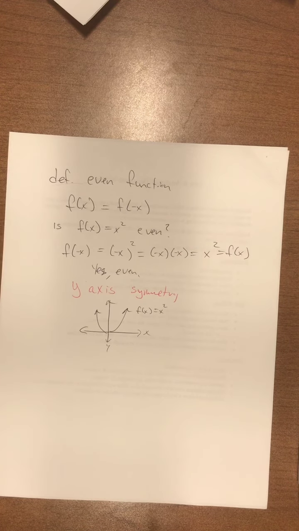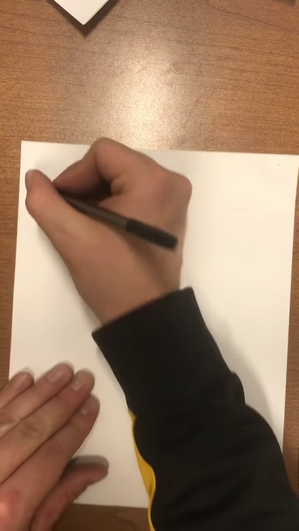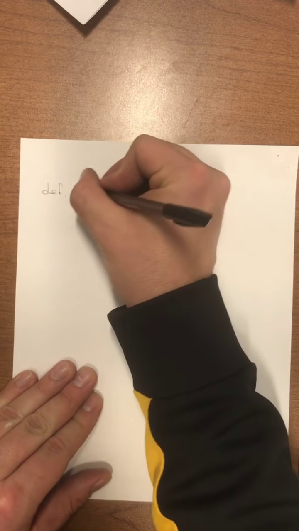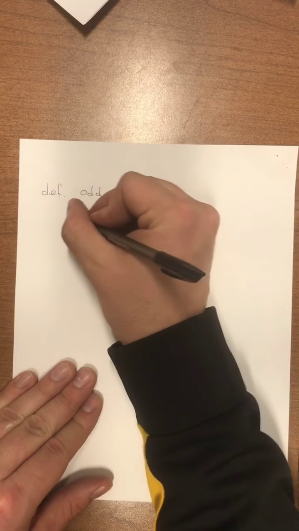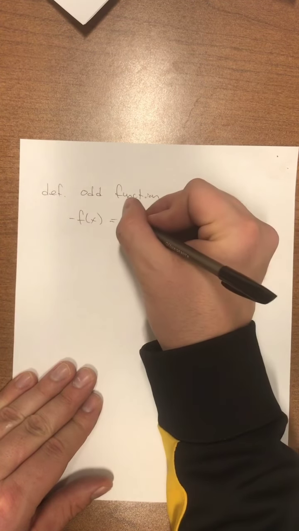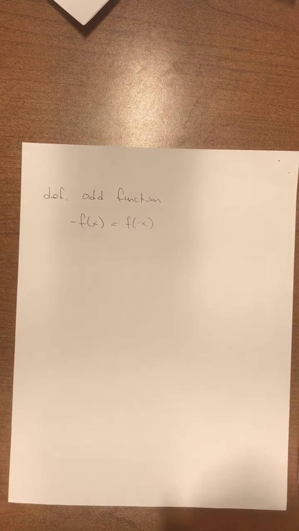It has y-axis symmetry, and that is a property of an even function. The definition of an odd function is if negative f of x equals f of negative x.